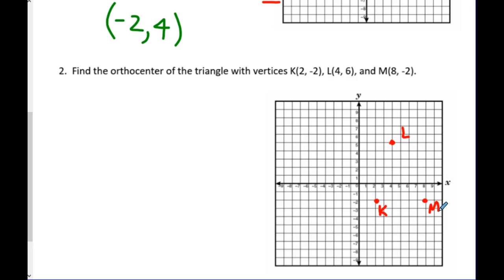So we plot these points, connect them, connect them, connect them. Okay.